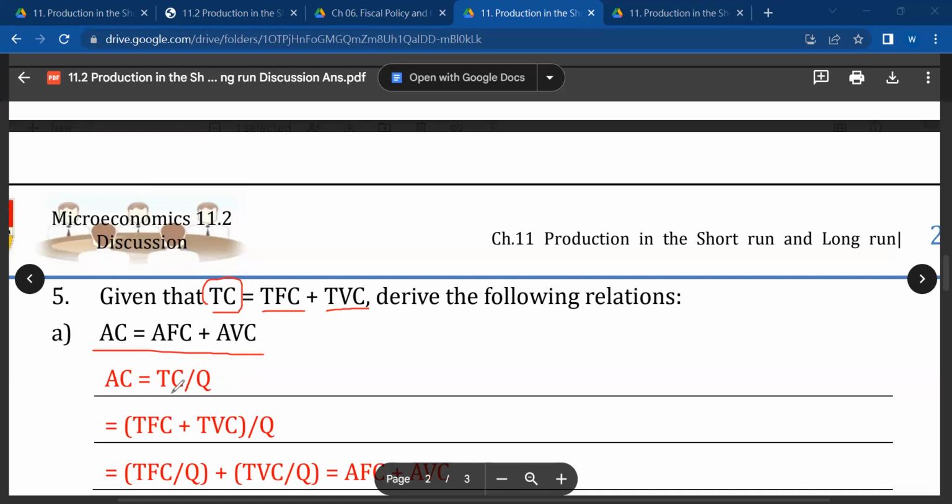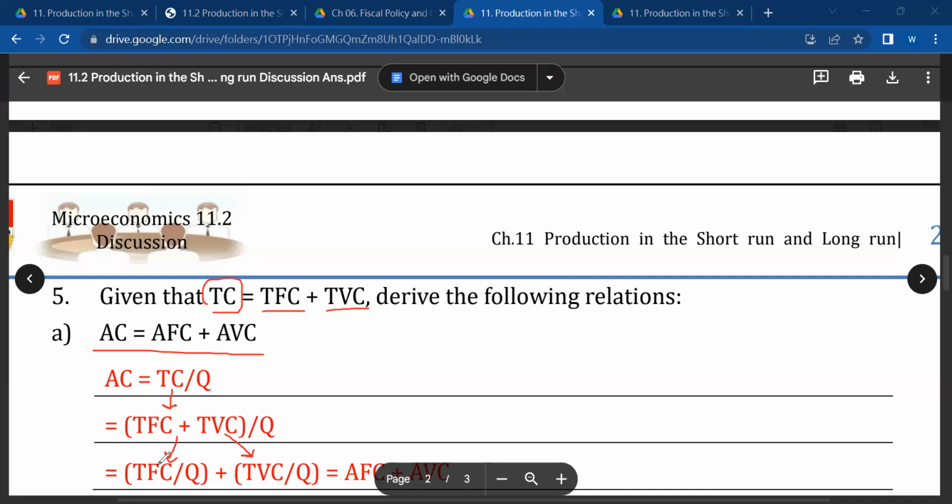Then total cost can be separated into total fixed cost plus total variable cost, right? So this total cost includes the fixed cost and the variable cost. So it becomes like this, divided by the quantity. And we separate this equation into two parts.